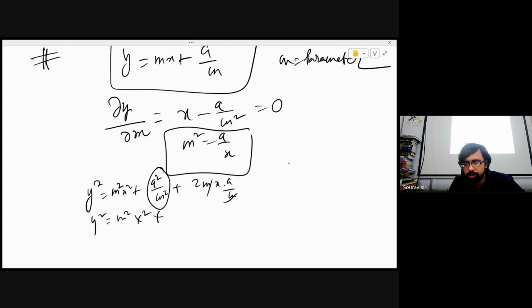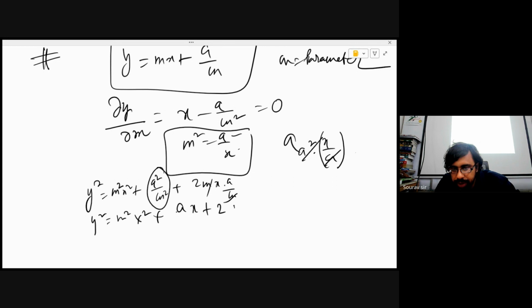So this is a square into m square की जगह पर x by a, 1 by m square is x by a. Okay, this is a by x by a. So a square into x by a. So this is only ax. Yes or no? So this is ax plus 2ax. This is for the question only. Squaring is not necessary.